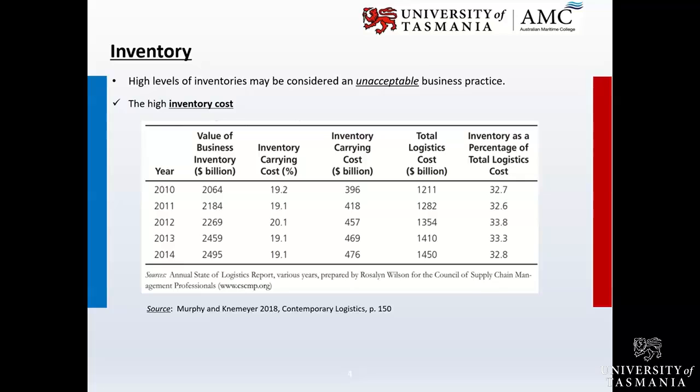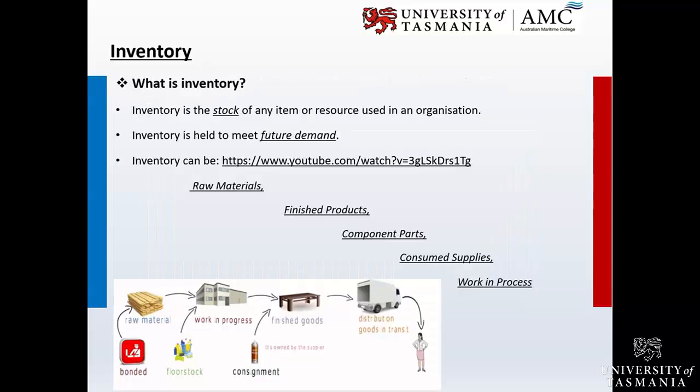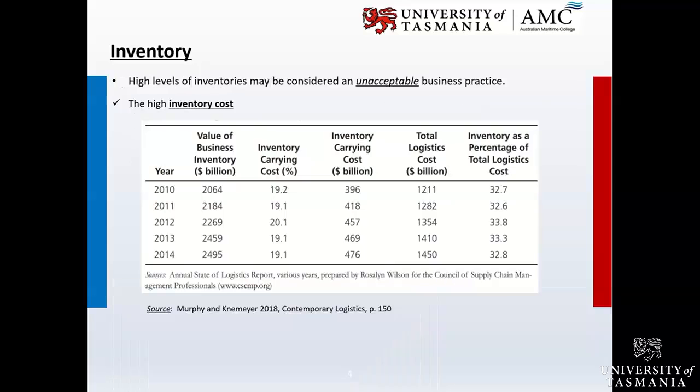Okay, we have understood inventory is very important, and inventory can take different forms like raw materials, finished products, component parts, and so on. So they can take different forms, but in practice, a high level of inventory might be unacceptable.